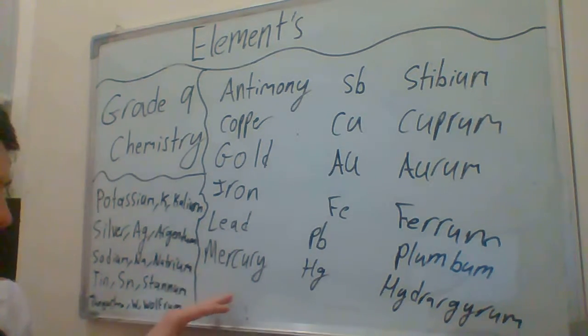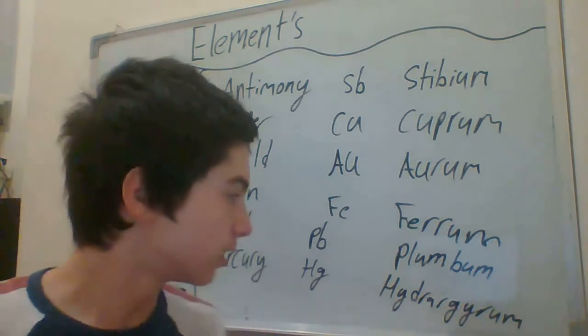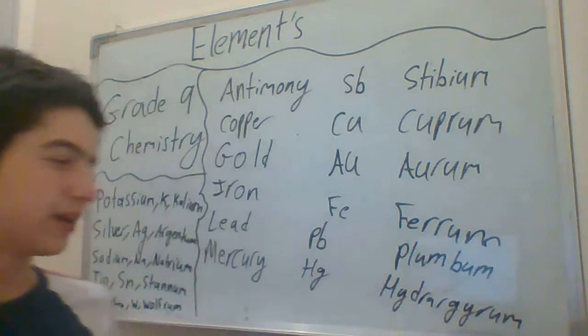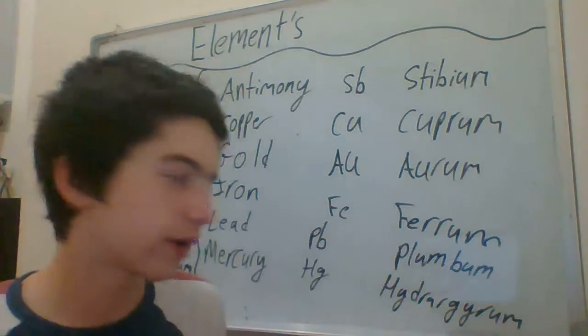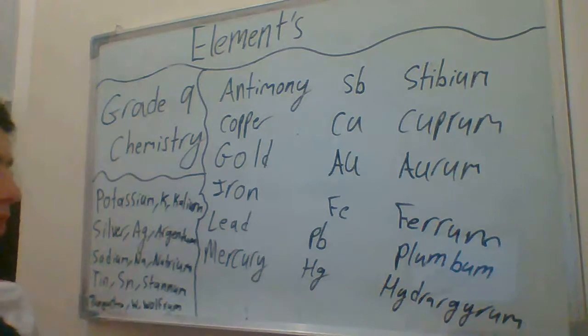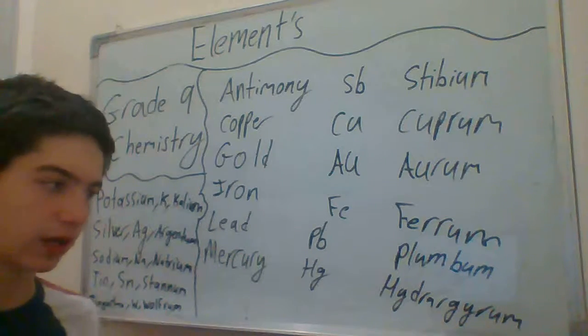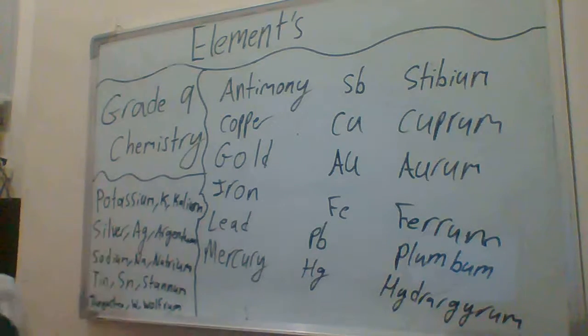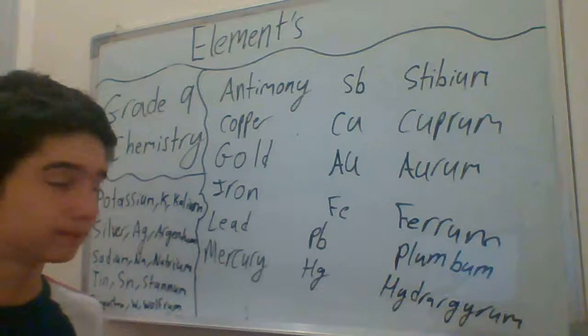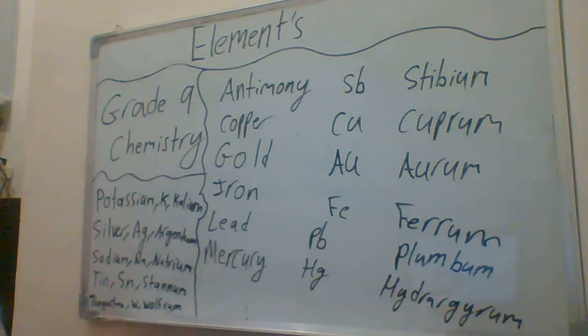And then we're going to have mercury. It's a little bit hard to pronounce. It's hydrargyrum, which is mercury. It's a little hard to memorize and pronounce. What about potassium? Of course, it's K and it's called kalium.